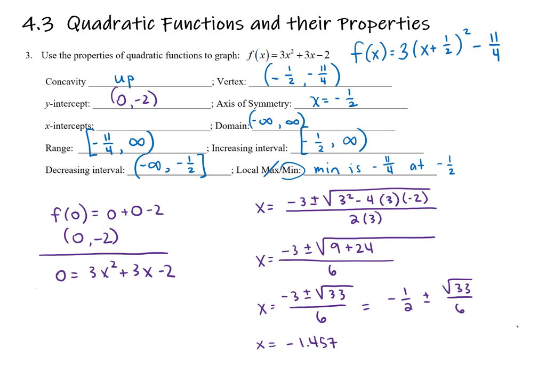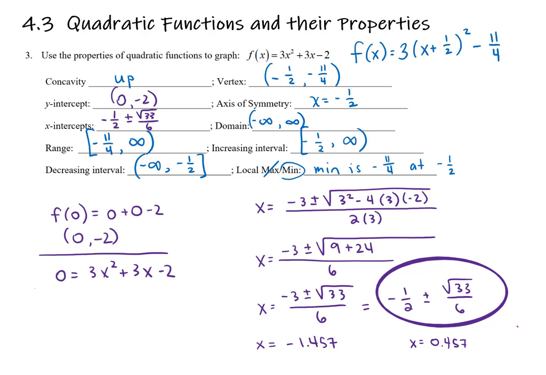And my other one is 0.457. Now, I really don't want you to give me your answers in decimal approximation. I would prefer your answers are written in this format. So when you're talking about x-intercepts, you're going to say negative 1/2 plus or minus radical 33 over 6.